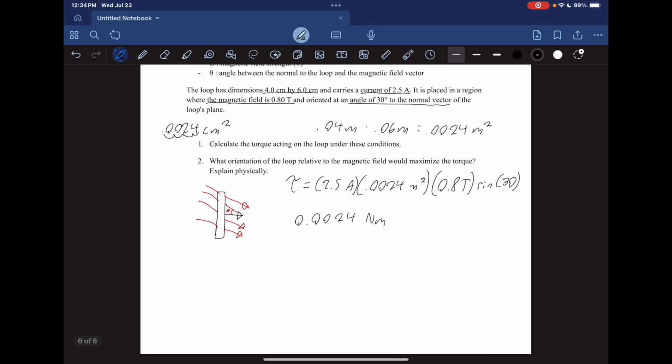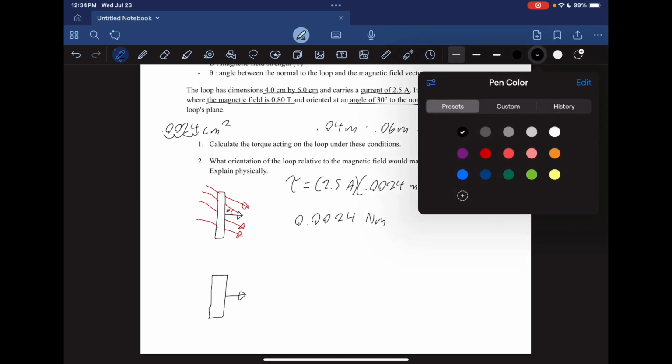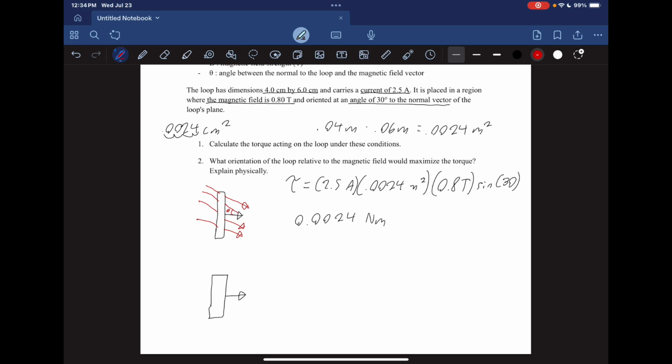You can imagine this is here, here's our current carrying loop, here is the normal, and then we have our magnetic field would be pointing this way, and this would create that 90-degree angle.